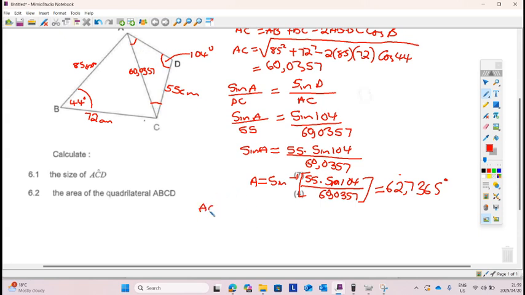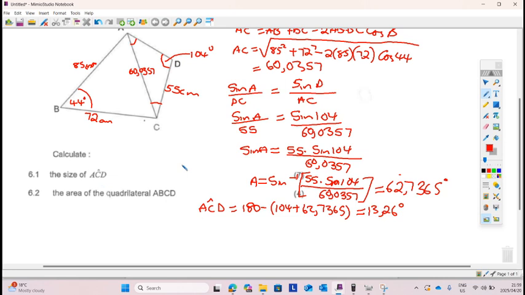So your ACD as an angle should be equal to 180 minus the sum of 104 and 62.7365, and on the calculator this gives me 13.26 degrees. That is ACD.